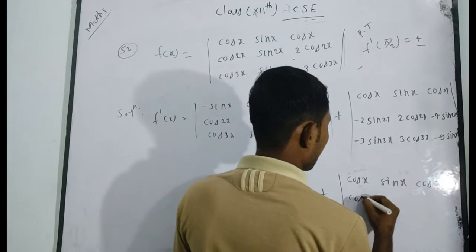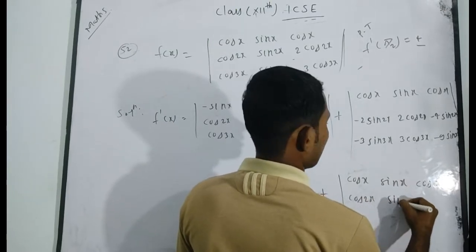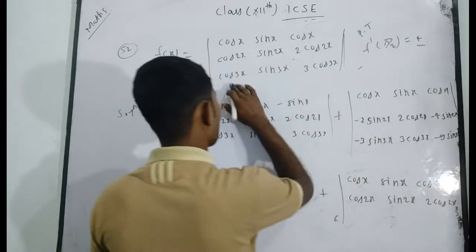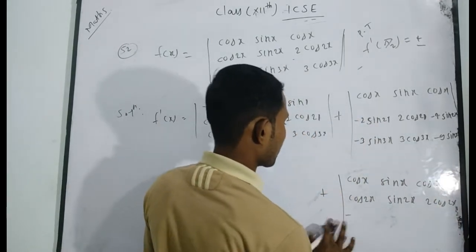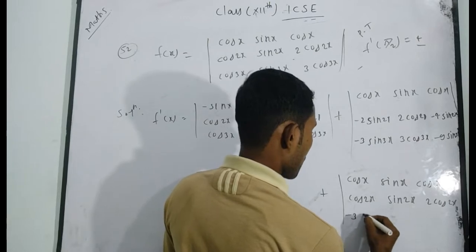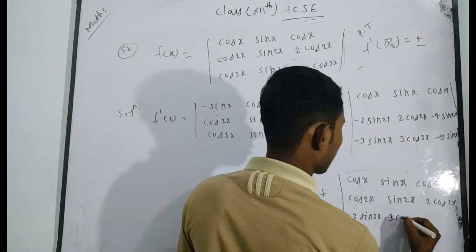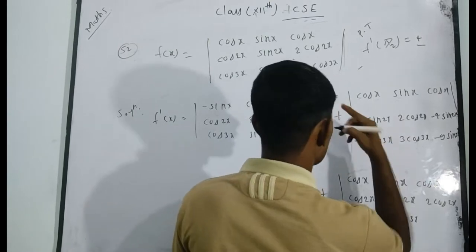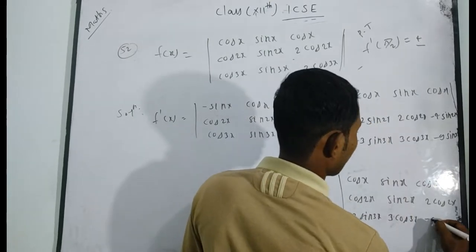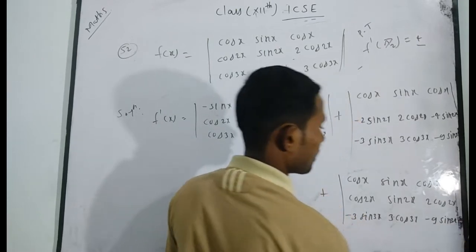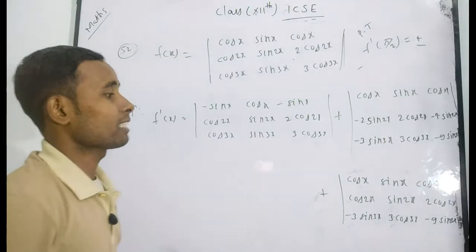Then differentiate the third row. The derivative of cos 3x will be minus 3 sin 3x, the derivative of sin 3x will be 3 cos 3x, and the derivative of 3 cos 3x will be minus 9 sin 3x. I think you understand.